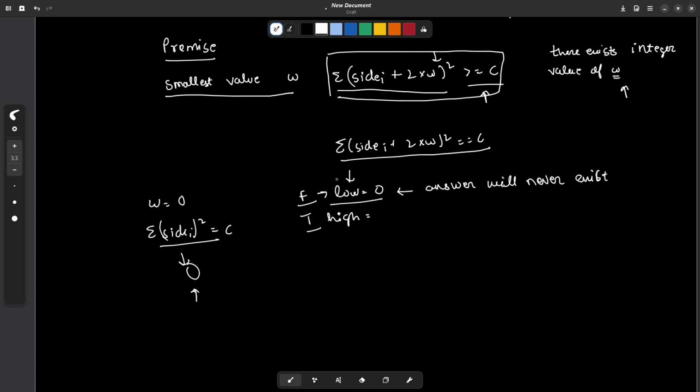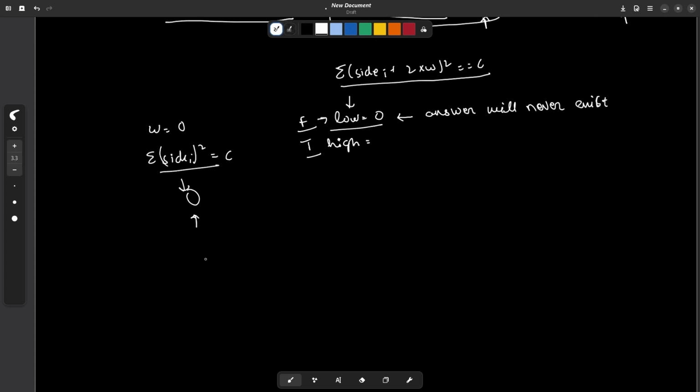Let me take a corner case. You will observe that in the worst case, the size of the painting will be 1, plus I will have some width, so it will be twice x from here. And if I square it, it should be equal to 1e18, or 10 raised to the power 18, which is the maximum possible value of C according to the constraints of the question.